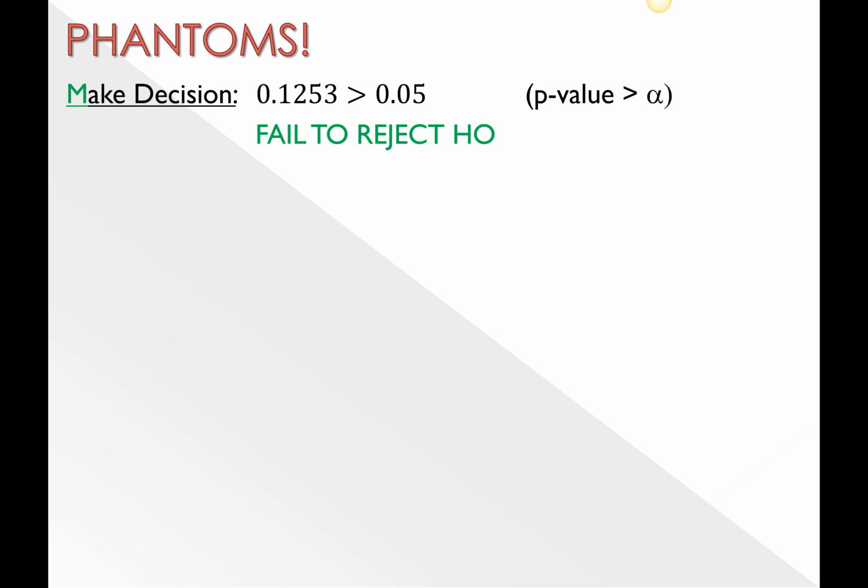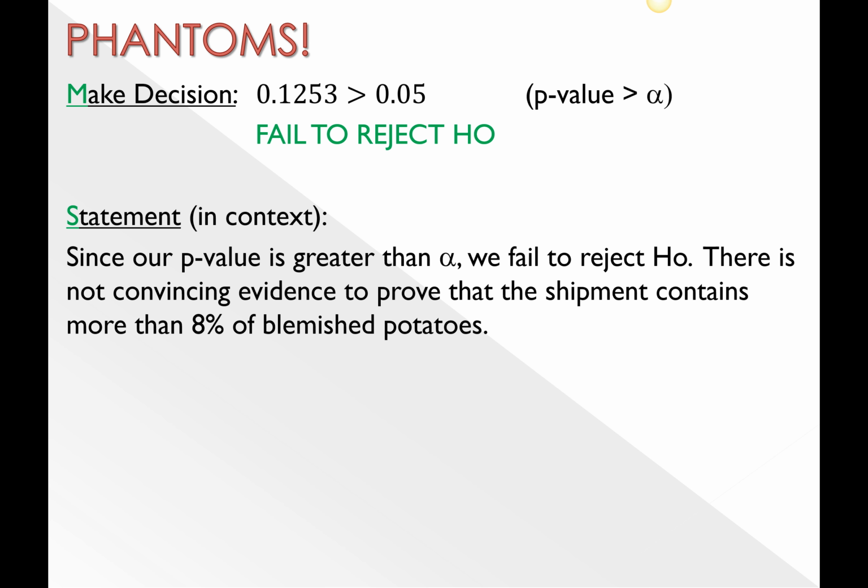In our statement in context, since our p-value is greater than alpha, we fail to reject H0. There is not convincing evidence to prove that the shipment contains more than 8% blemished potatoes.